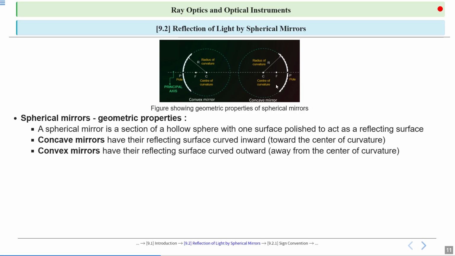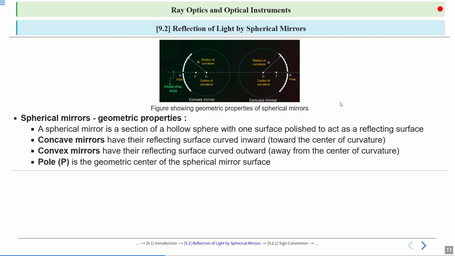Now convex mirrors have their reflecting surface curved outwards, and the inward surface is polished. So the reflecting surface is away from the center of curvature. Whereas in the case of a concave mirror, the reflecting surface is towards the center of curvature.